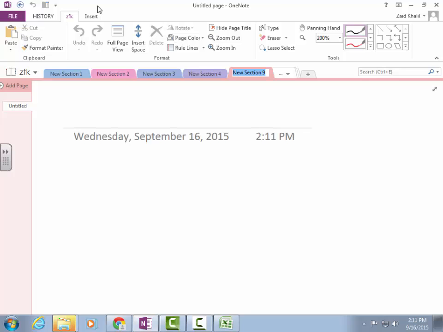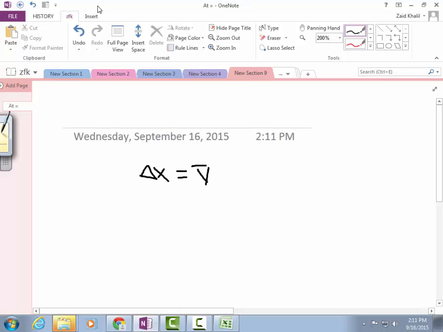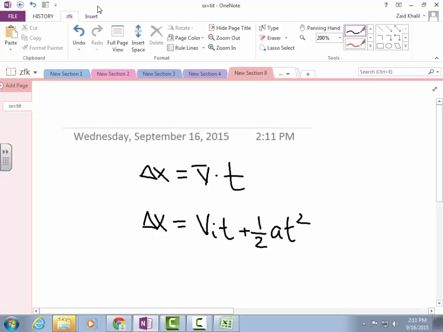So, going back to my question. So we have delta x. This is what you're used to before accelerated motion.